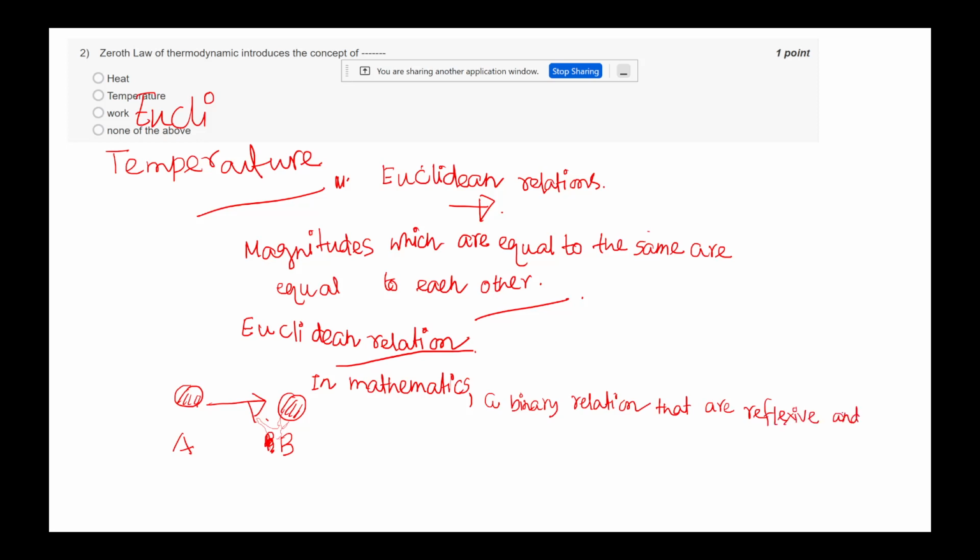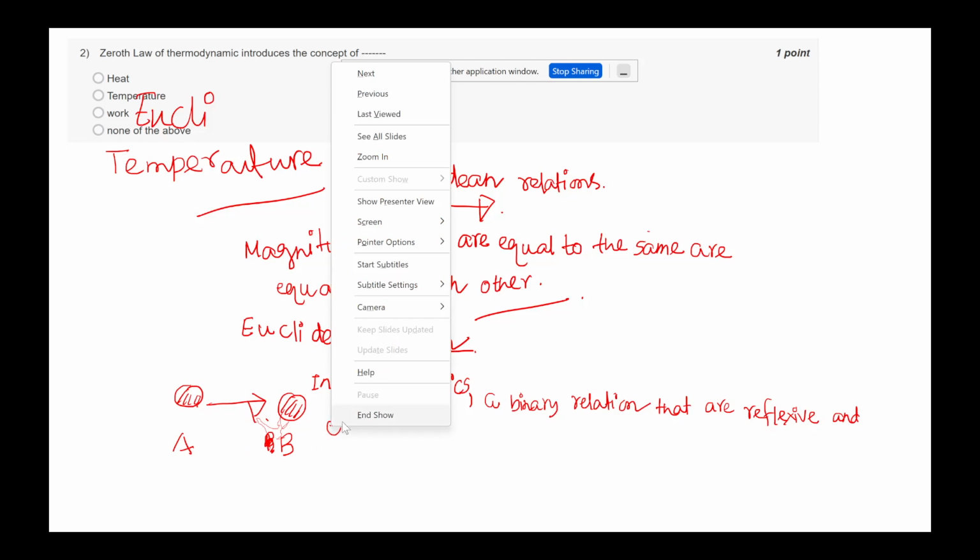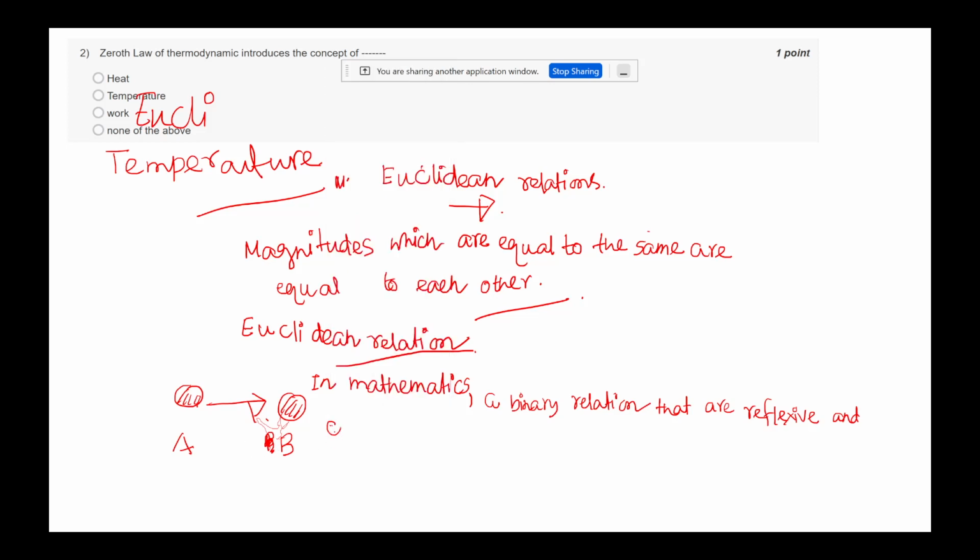that is reflexive, as I already said. It was reflexive, and later we got to know that it is also Euclidean.